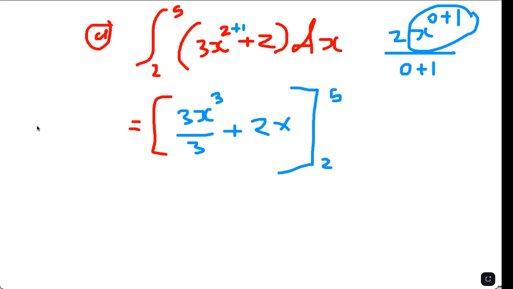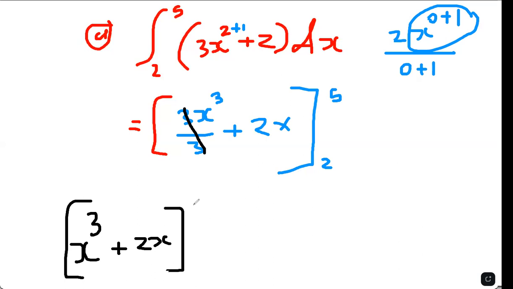And remember, these can cancel out, and what remains is 3. It's x power 3 plus 2x, with the upper limit 5 and the lower limit 2.